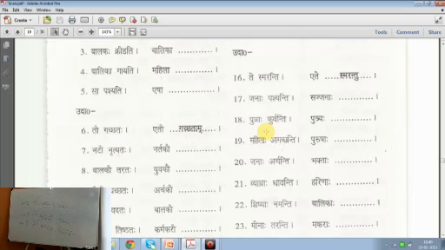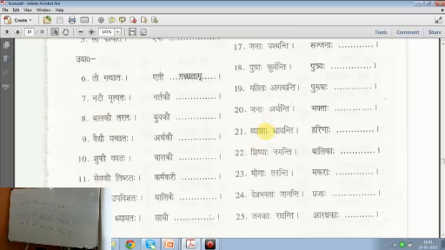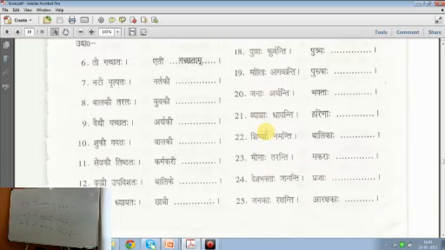Balakau tarataha, two boys are swimming. Yuvakau taratam, let two young people swim. Vaidyau yachataha, two doctors are giving medicine. Vaidyau aushadham yachataha. Archakau yachatam, let the two worshippers give.